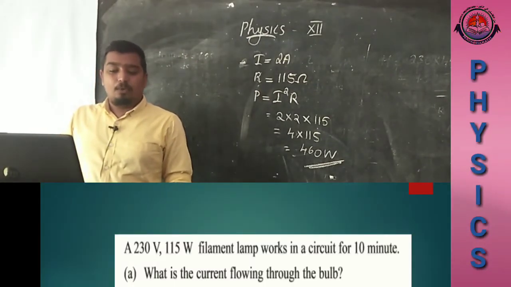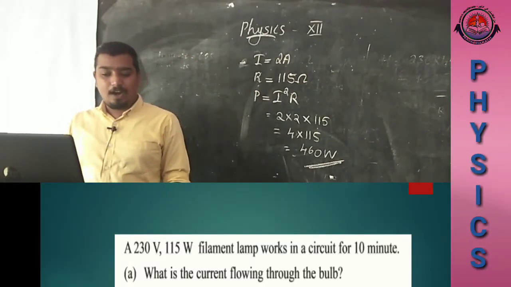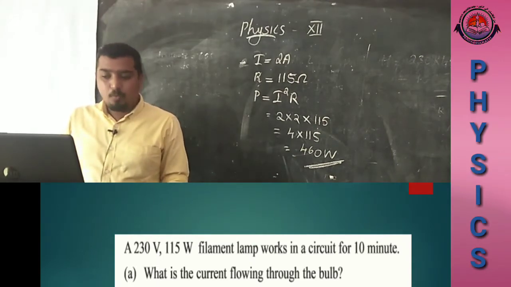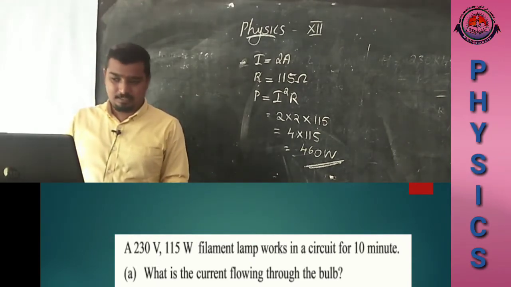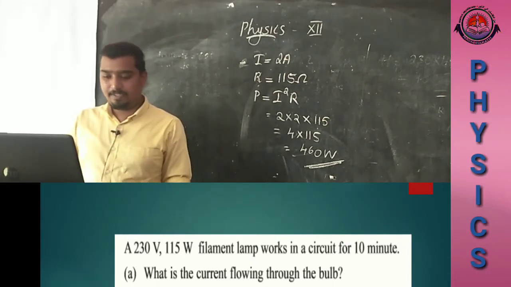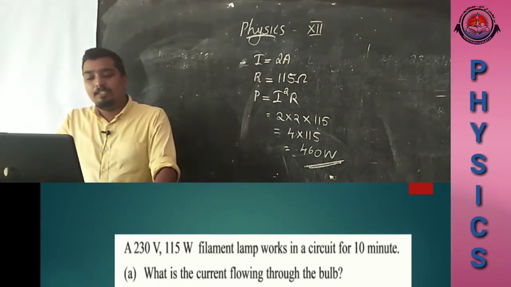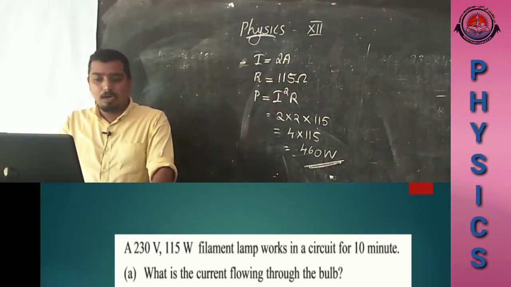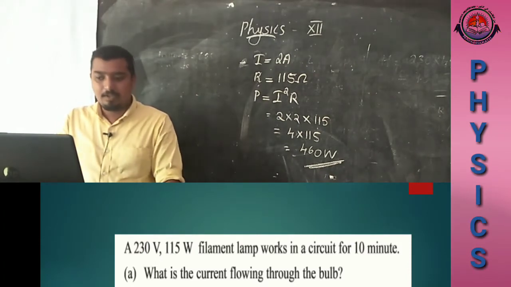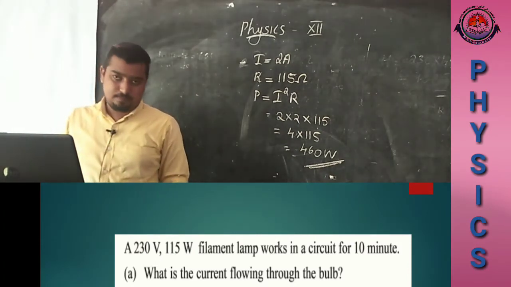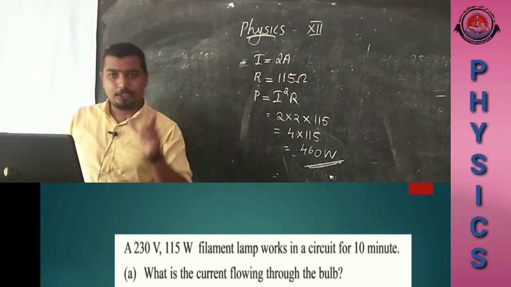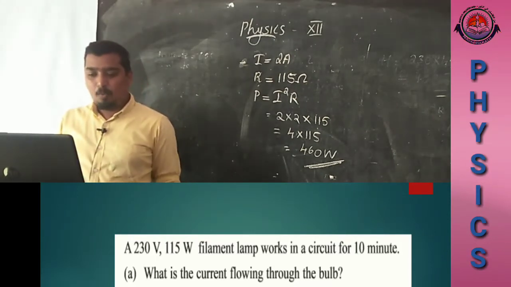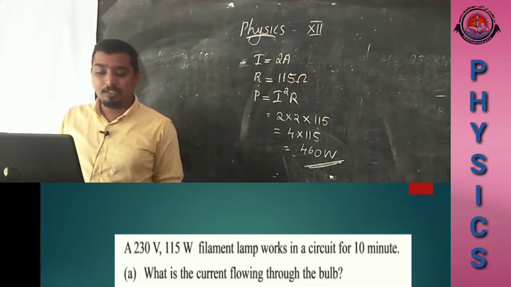A 230 volt 150 watt filament lamp works in a circuit for 10 minutes. A, what is the current flowing through the bulb? B, what is the resistance of the filament lamp? These are the questions. I repeat, a 230 volt 150 watt filament lamp works in a circuit for 10 minutes.